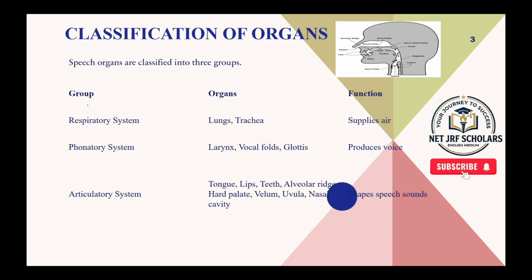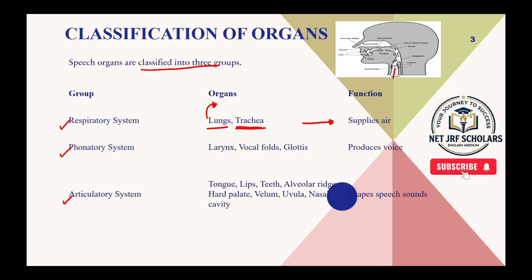So the organs are classified into three main groups: respiratory system, phonatory system, and articulatory system.